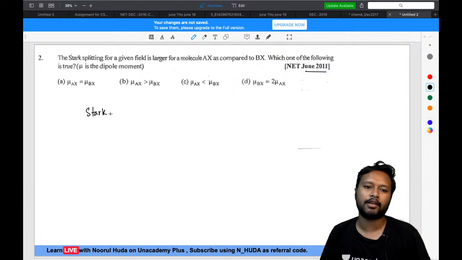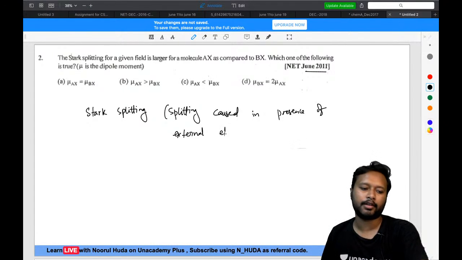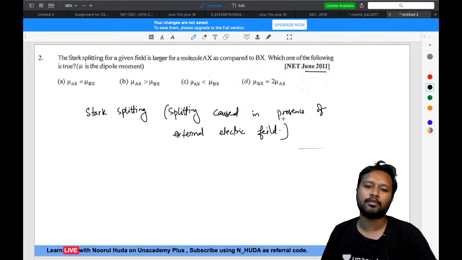Stark splitting means the splitting caused in the presence of an external electric field.